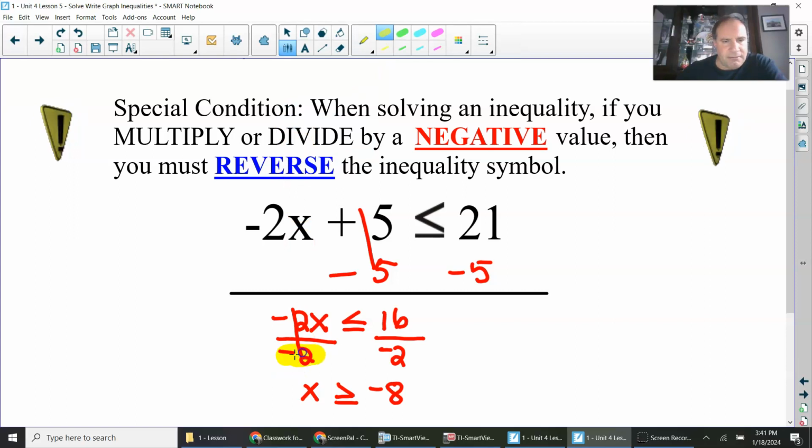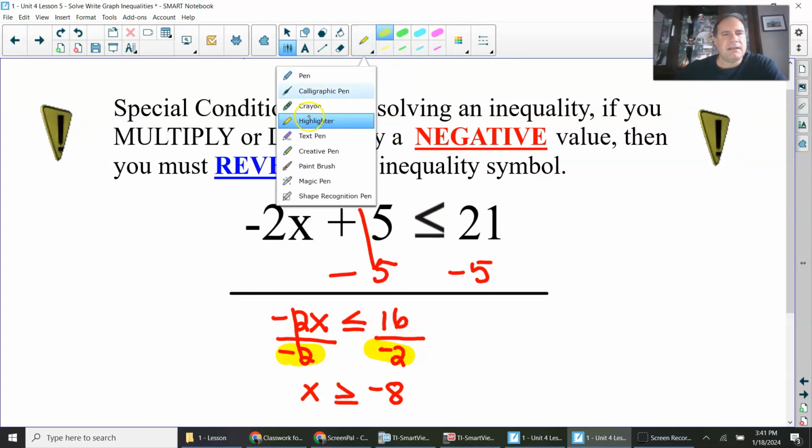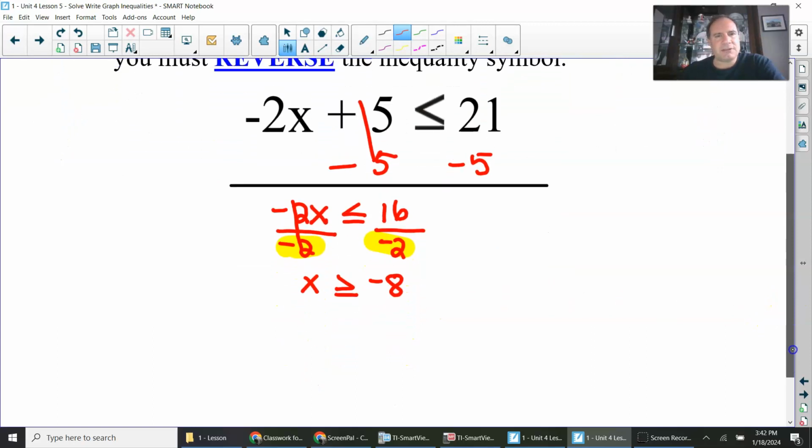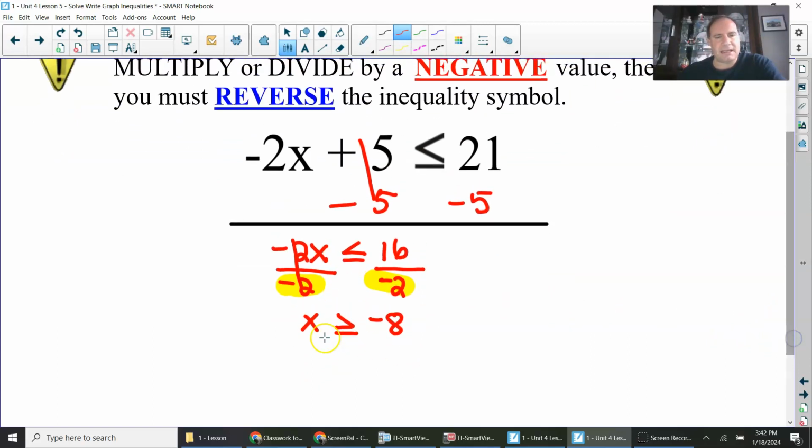If you're dividing by a negative, that's when you flip the inequality symbol. If you're multiplying by a negative at the end, that's when you flip the inequality symbol. You never flip the inequality symbol unless you're dividing or multiplying by a negative. And in this case, we are, and that's why we flip that inequality symbol.